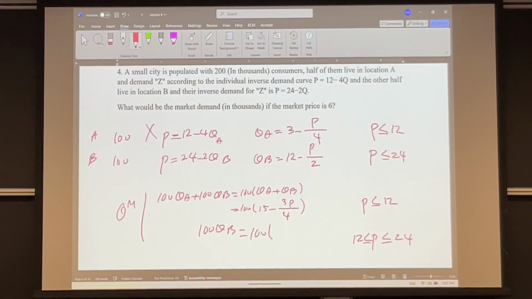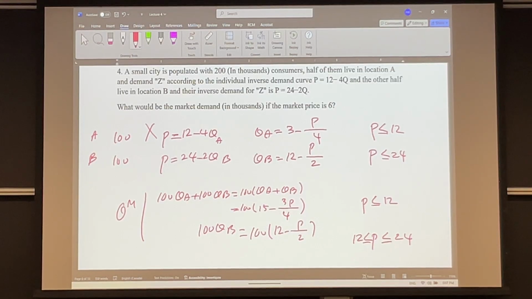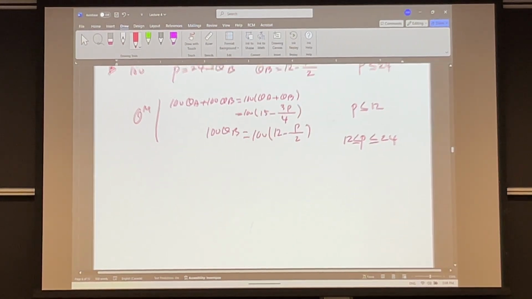And that should be the market demand, which is kinked at 12. Right? Make sense? See, these guys are out when the price is more than 12, so that is the market demand then. You multiply by 100, because there are 100 people there. Right? Okay? Okay, let's graph it.